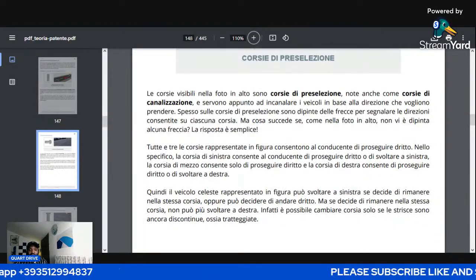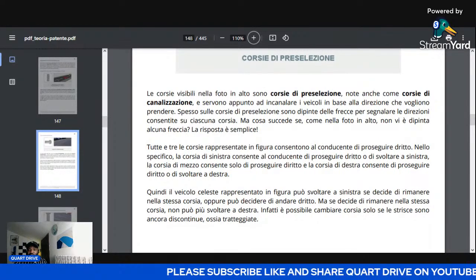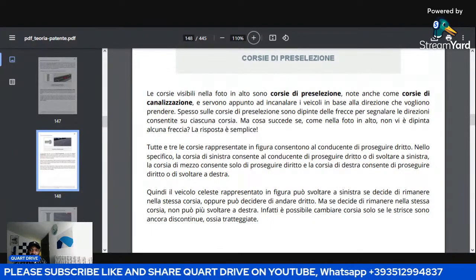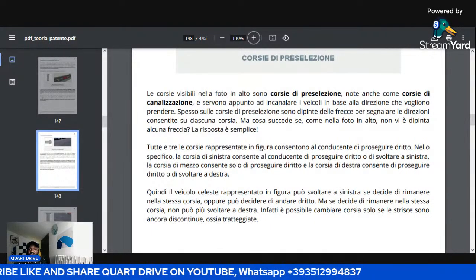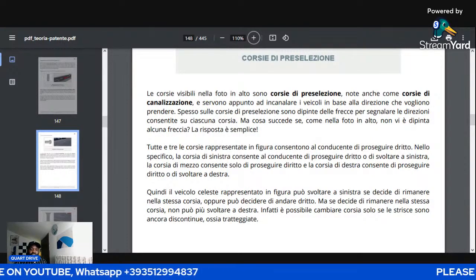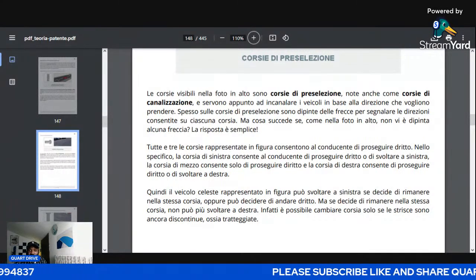Le corsie rappresentate in figura consentono al conducente di proseguire dritto. Nello specifico, la corsia di sinistra consente al conducente di proseguire dritto o di svoltare a sinistra. La corsia in mezzo consente solo di proseguire dritto e la corsia di destra consente di proseguire dritto o svoltare a destra.